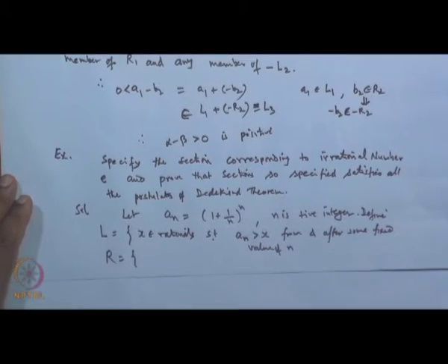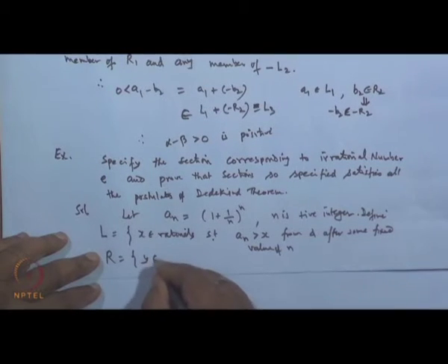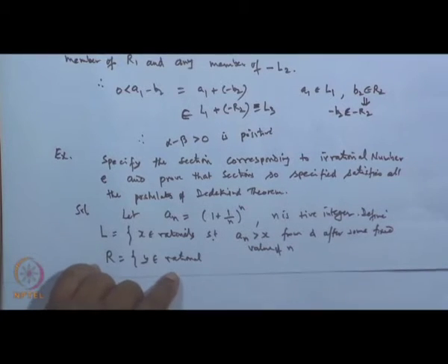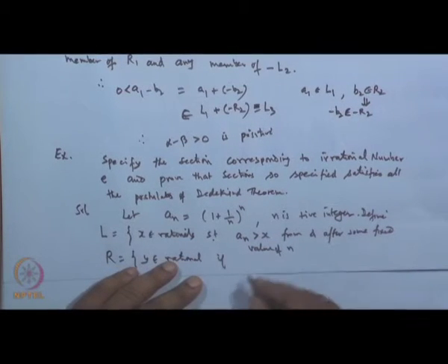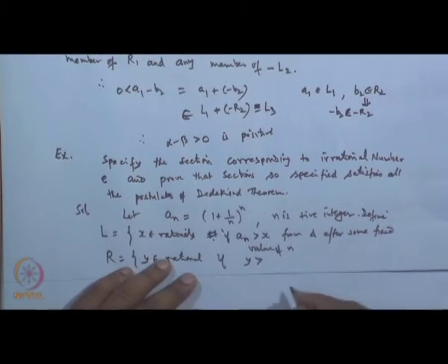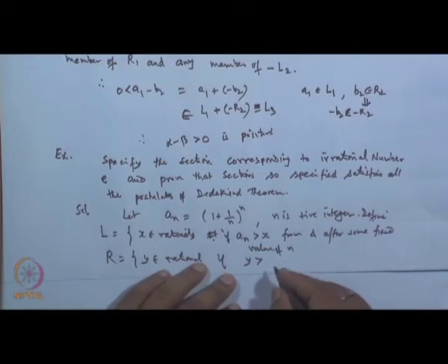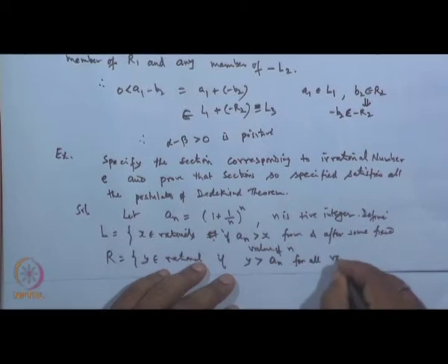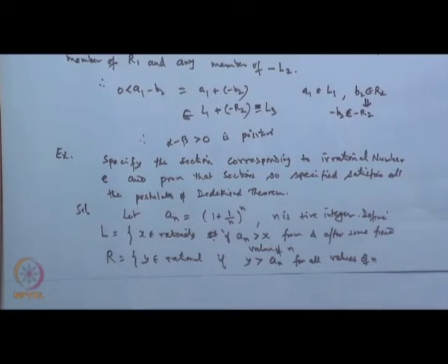A rational number y is in the upper class R if y is strictly greater than a_n for all values of n.